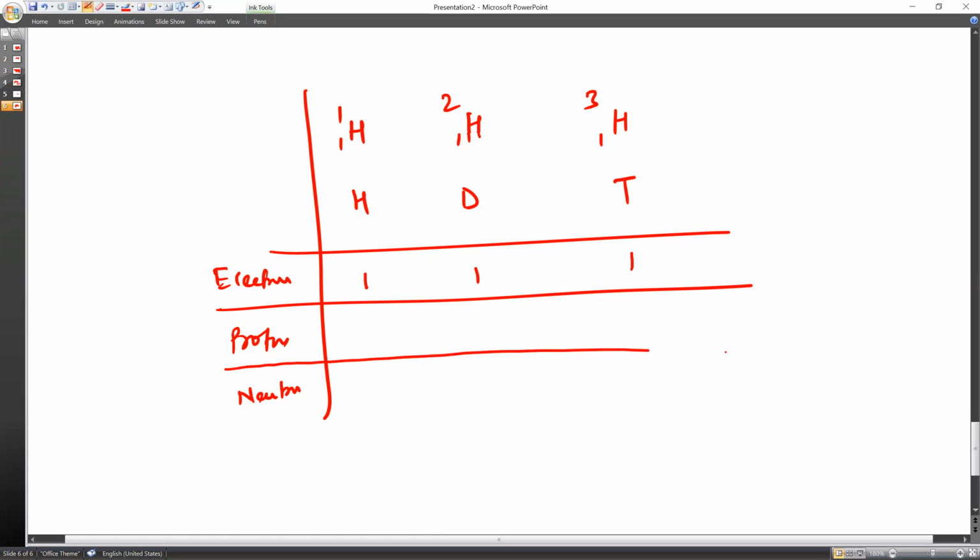Proton? One. I'm also going to write here H positive 1. Now tell me how many electrons are there in H positive 1? 0. And I'm writing here H minus also.